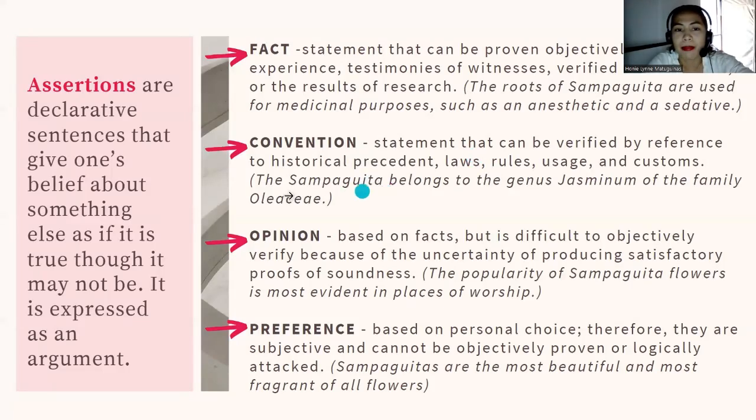So, in this example, the second sample sentence is a convention because the classification of Sampaguita is based on the classification system made by scientists and is acceptable by the scientific community. But there could be other ways to classify plants.